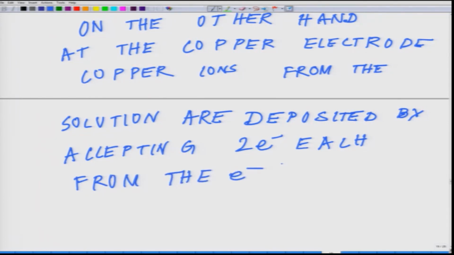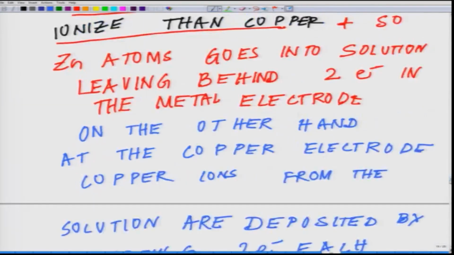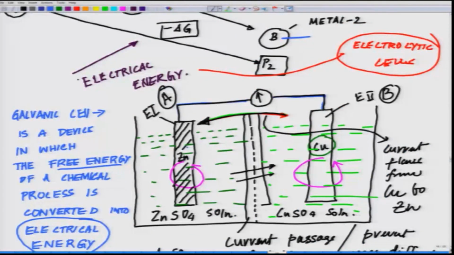Try to understand what I just mentioned. On the zinc electrode, zinc is getting ionized, leaving 2 electrons behind, and it will do so faster compared to copper.